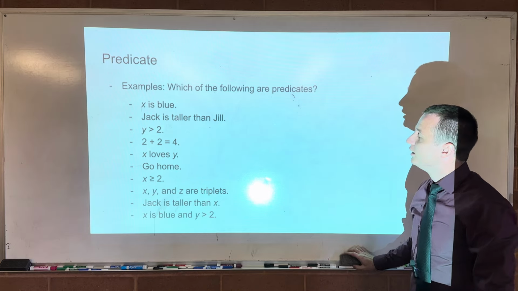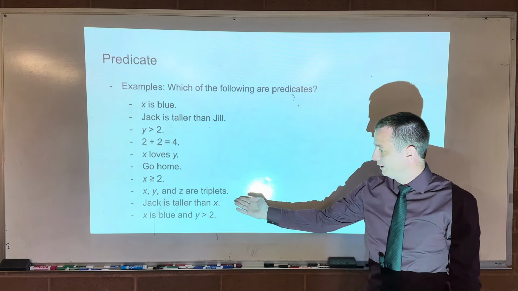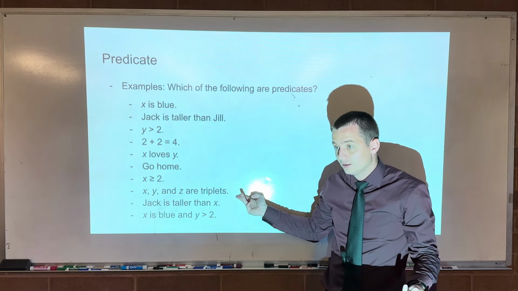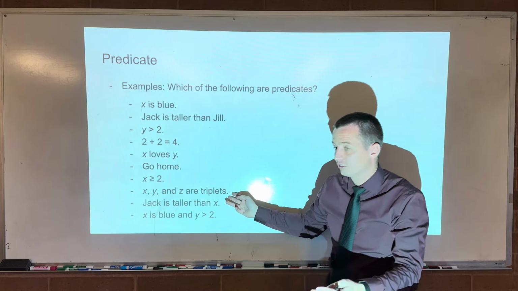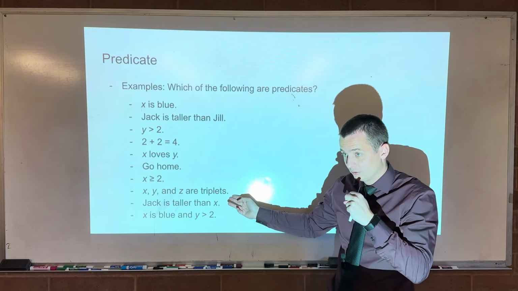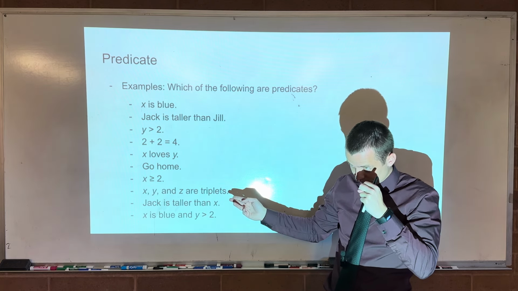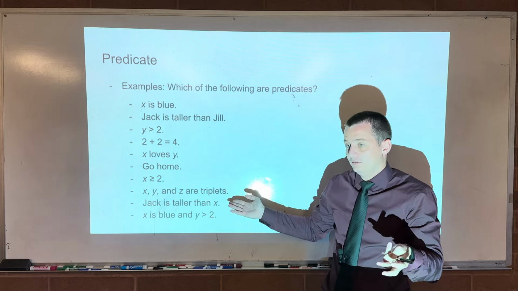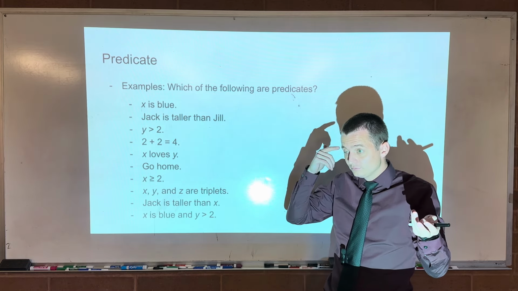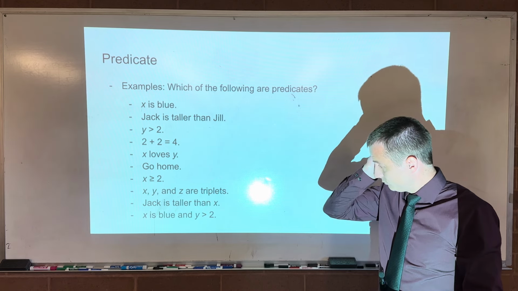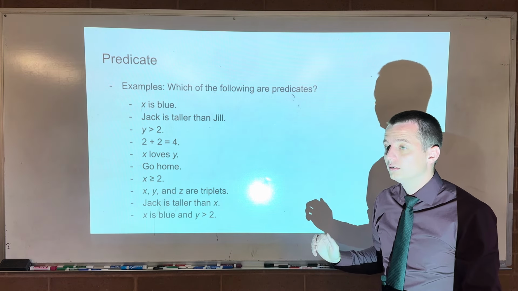All right. X, Y, and Z are triplets. That's not a relation, sorry, it's a predicate. A relation takes exactly 2 terms, so it's a 3-term predicate. What if you said X is greater than Y and Y is greater than Z? Would that be a relation?